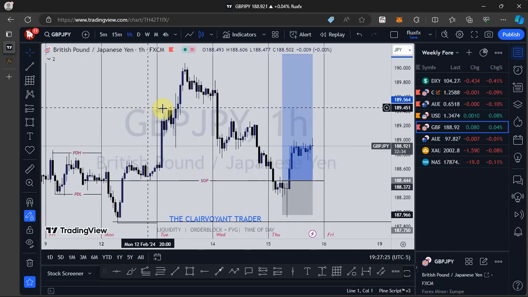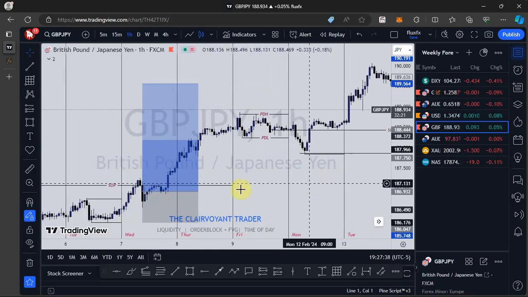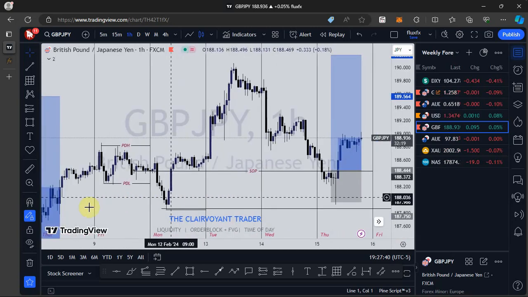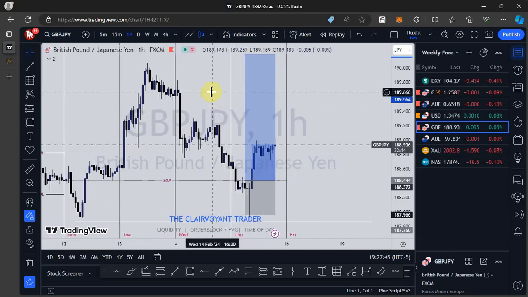Already we've bagged 263 pips this week. We held the trade right from last week till now, and we've entered into another trade right here. So you can imagine. That is just that for GBPJPY.